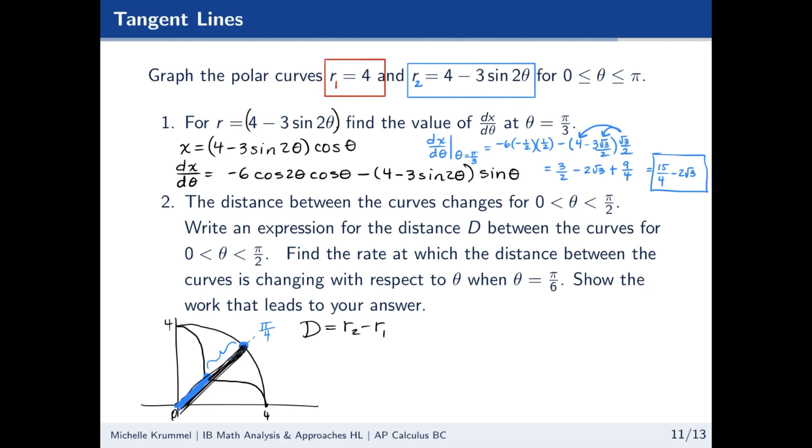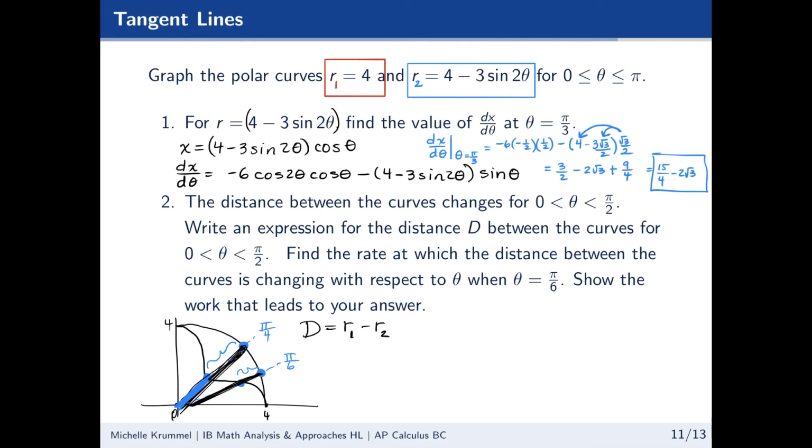If we think about an angle of, let's say, pi over 6, same thing. We've got this point on the outer curve, this point on the inner curve, and to get the distance between them, we just want to find what is the r value when theta equals pi over 6 on that outer curve, which is r1, oh, I mixed up my subscripts, right? R1 is the outer curve. So let's fix that. It's R1 minus R2.